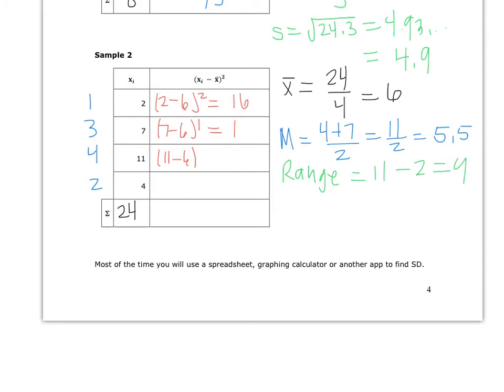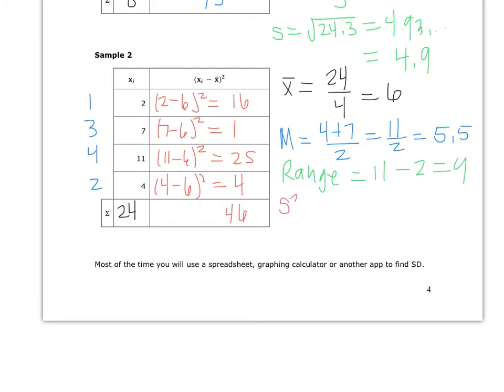Let me go back and fix that. There we go. All right, 11 minus 6 is 5 squared, we get 25. 4 minus 6, we get a minus 2 squared, we get a positive 4. So adding together those squared deviations, we get 46.